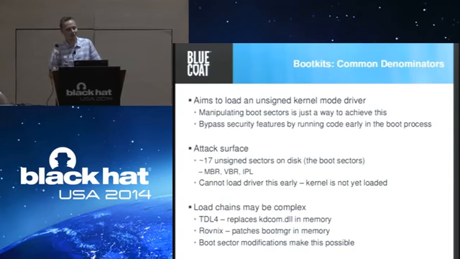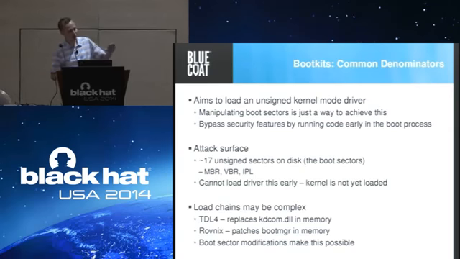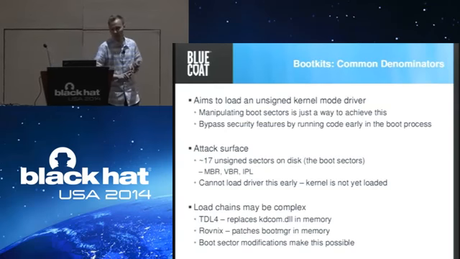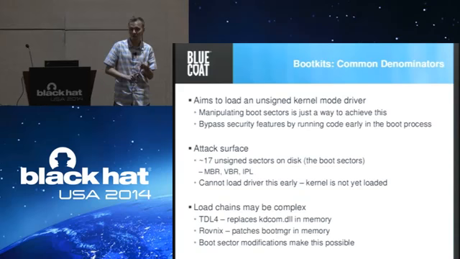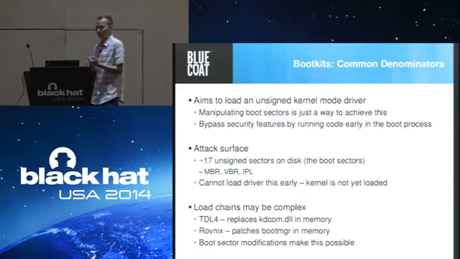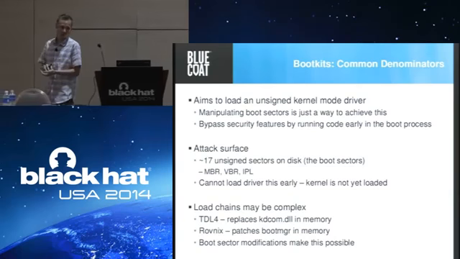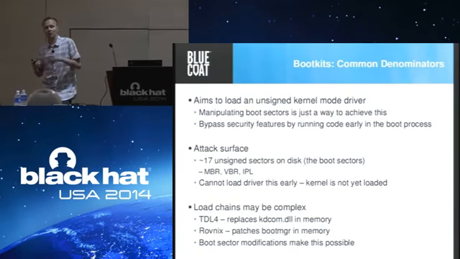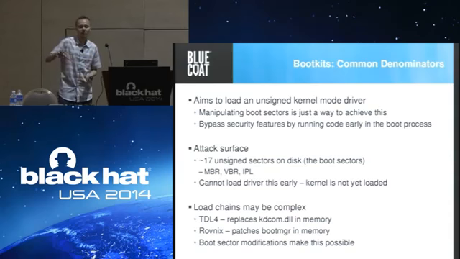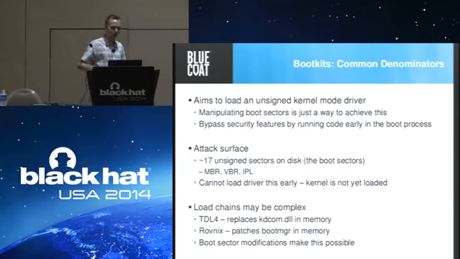If you look at how they actually achieve this, it will vary across various rootkit or bootkit implementations. Just as an example, TDL4 was the first rootkit to successfully compromise 64-bit versions of Windows. It did so by first replacing the master boot record, and eventually replacing the entire contents of the DLL that was loaded by the kernel, so that it would be able to run some code at a later point in the boot process.